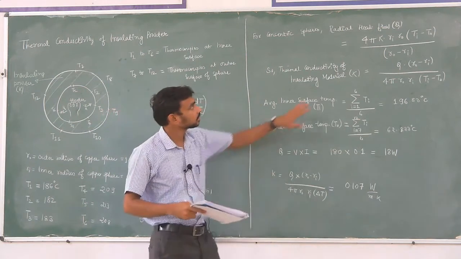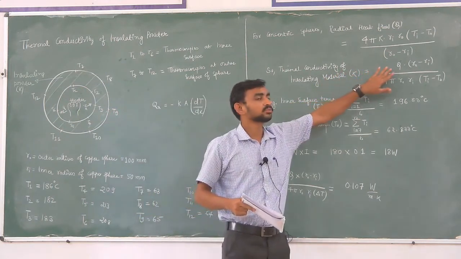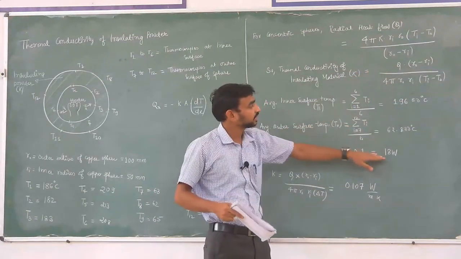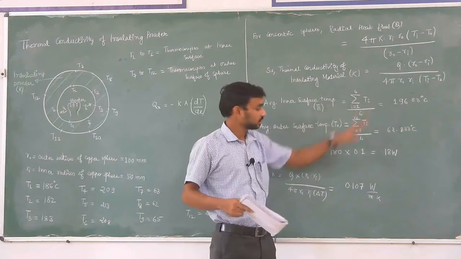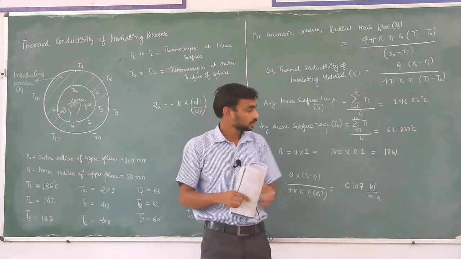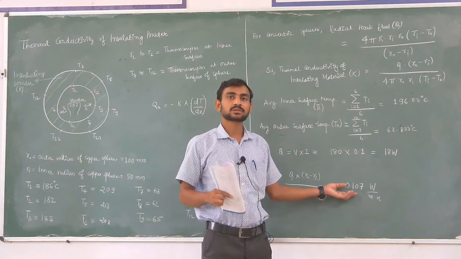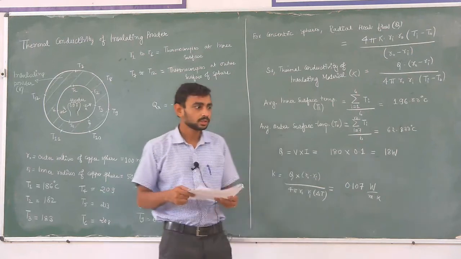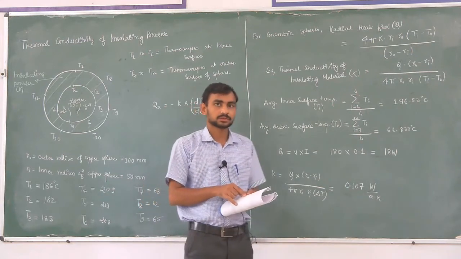Once we know these temperatures and the heat supplied, we can easily get the thermal conductivity. So, it is 0.107 watt per meter Kelvin. That means, this is the thermal conductivity of the material which is placed inside the concentric sphere. Thank you.